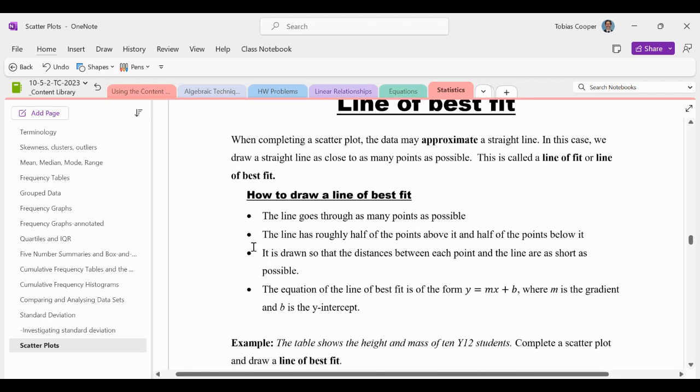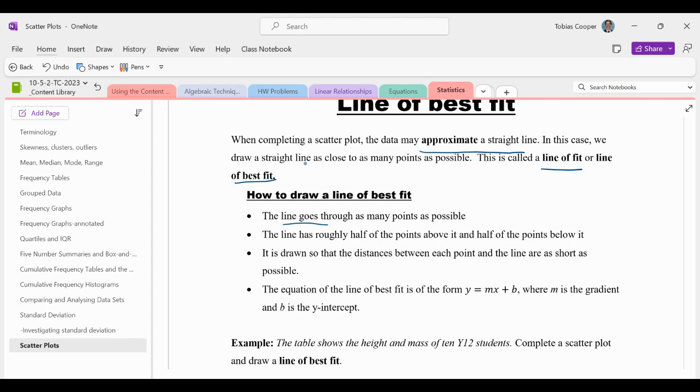Now let's have a look at a line of best fit. We've had a bit of practice looking at what that is, so we're going to practice drawing this now. So in completing a scatter plot, the data may approximate a straight line. In this case, we draw a straight line as close to as many points as possible. This is called a line of fit or line of best fit. Now, how do you draw one of these?